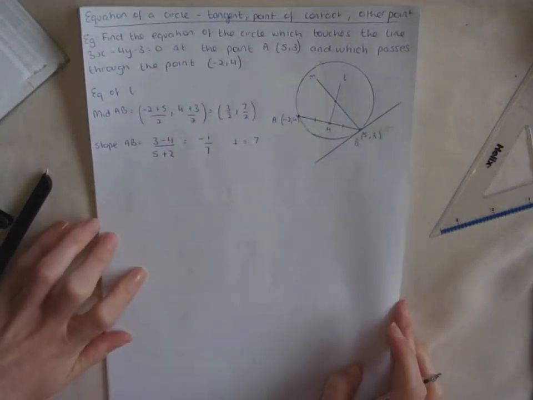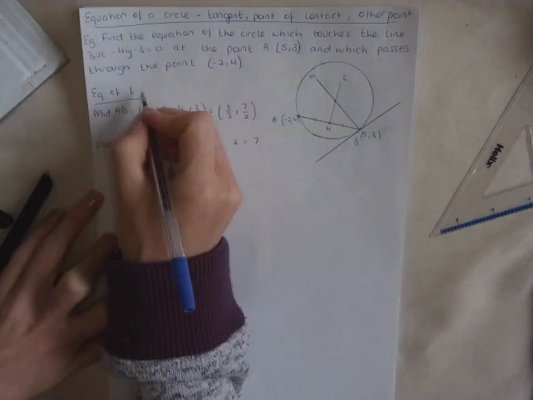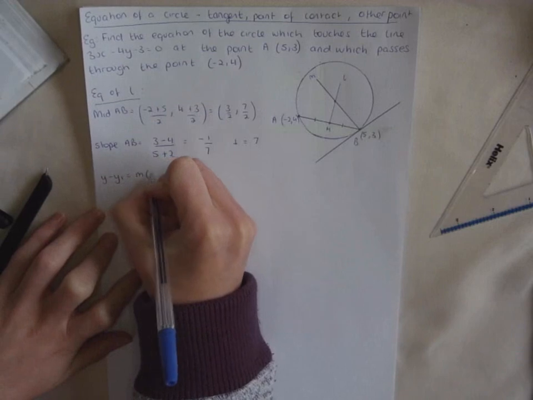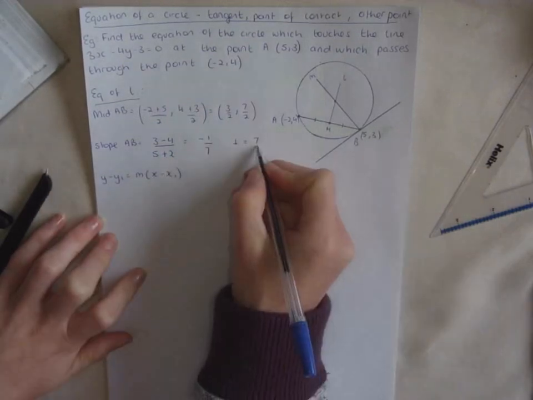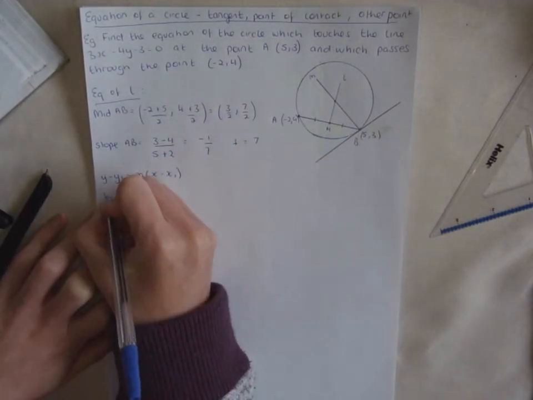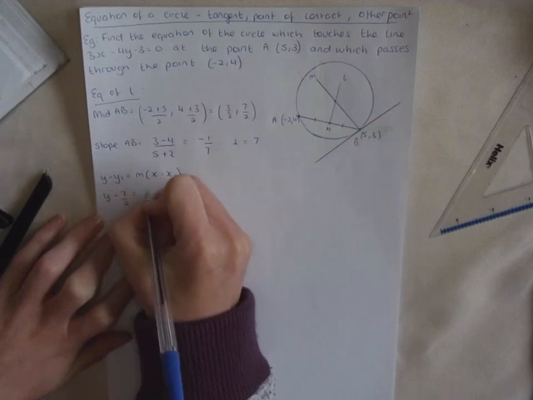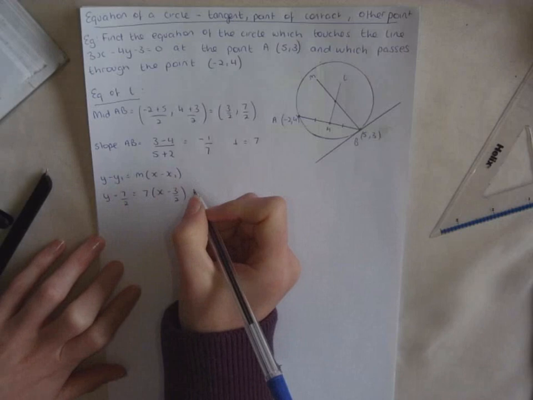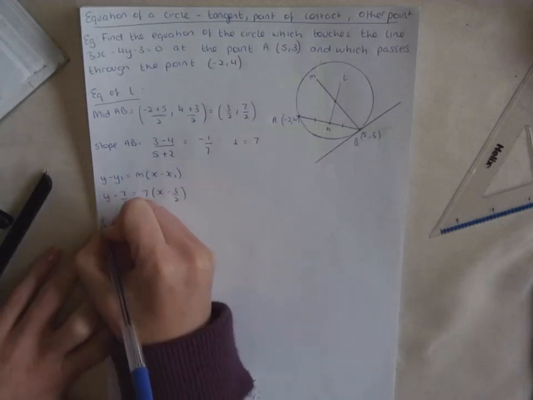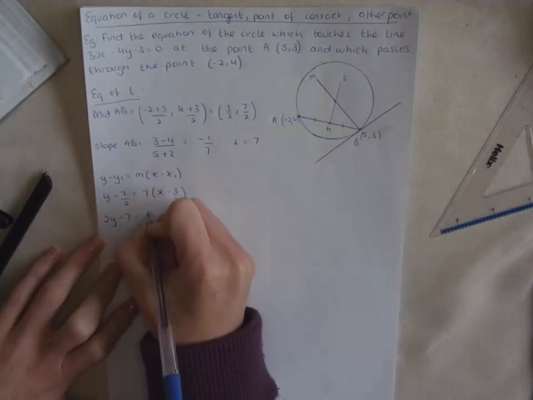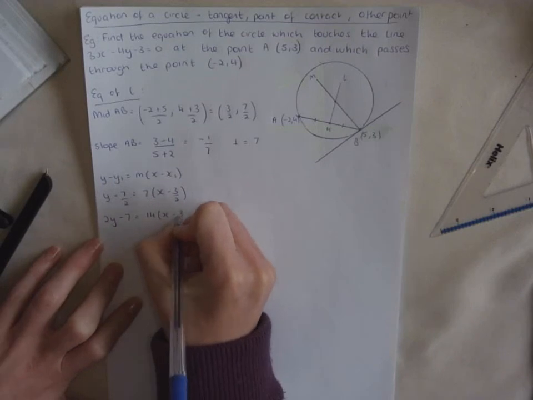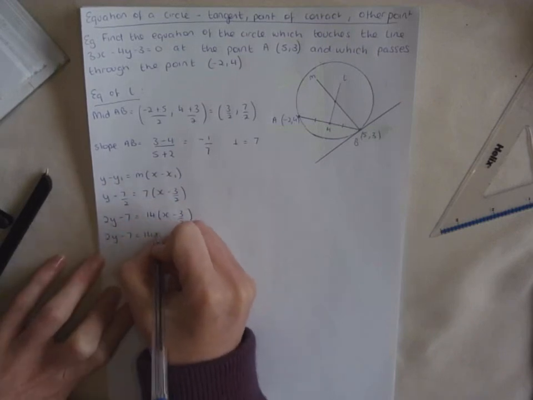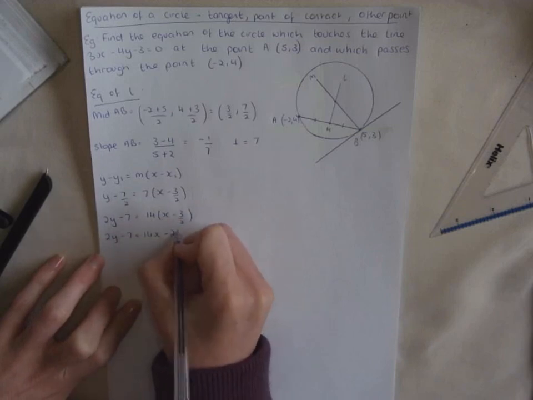Now I can get the equation of this line L. The equation of a line is y minus y1 equals m(x minus x1), using this slope and this point. So y minus 7 over 2 equals 7 times (x minus 3 over 2). Again, multiply everything by 2 to get rid of your fractions. So 2y minus 7 equals 14 times (x minus 3 over 2), so 2y minus 7 equals 14x minus 21.